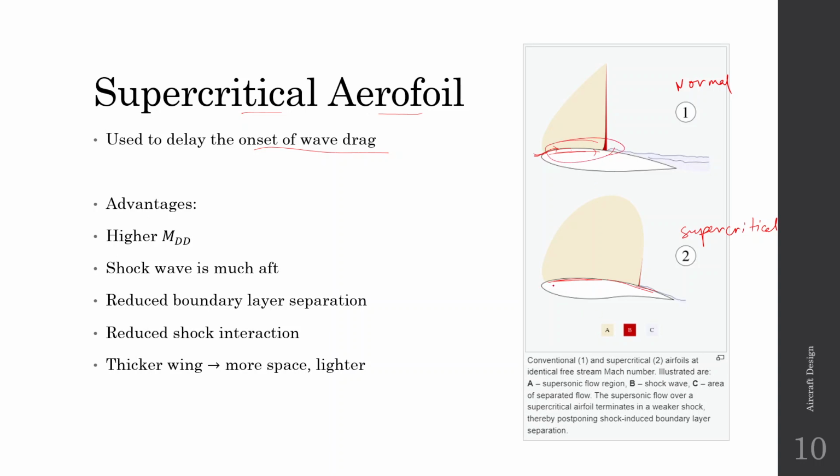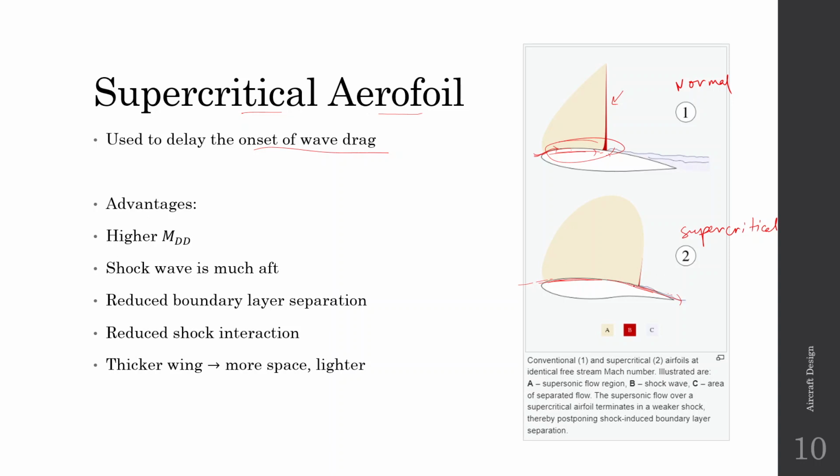But in a supercritical aerofoil, the objective is to spread the production of lift over the entire wing, or as much of the entire wing as possible. So the thickness and the flow acceleration are made as gradual as possible. In the normal aerofoil, there is a very strong shock over here, and it is also closer to the leading edge, so it will produce more drag.